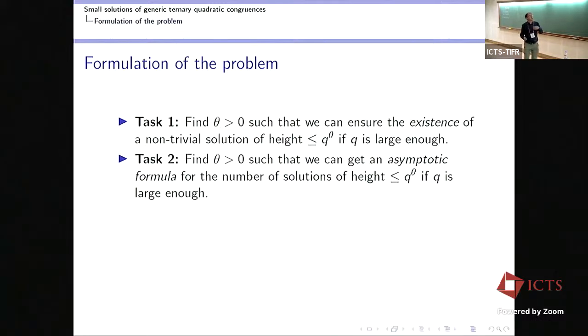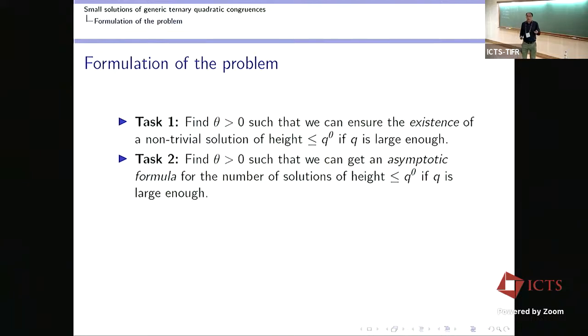So we would like to find out for which θ we can prove the existence of a non-trivial solution of height less or equal q^θ, if q is large enough. Non-trivial means not equal to (0, 0, 0), which always satisfies the congruence.